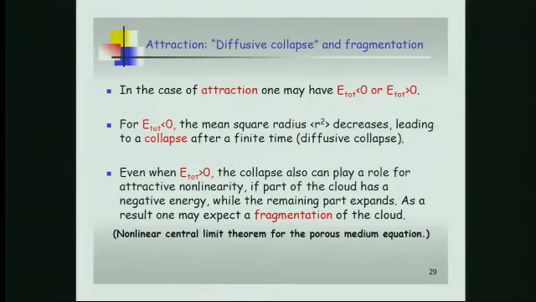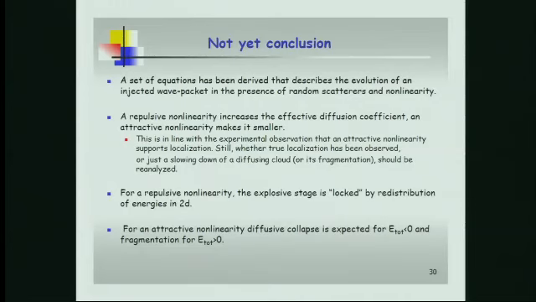And that's why what one may expect is a sort of fragmentation of your initial cloud into some pieces which presumably behave in different ways. So most probably fast particles will run away, and slow ones will give some fragment. Okay, this is not yet a conclusion, but basically that is what was done so far.